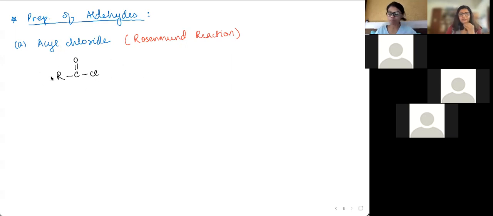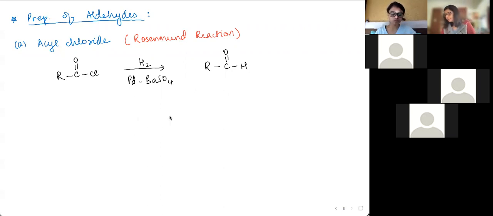Now, this on hydrogenation in the presence of palladium and BaSO4, hydrogen gets added to it and Cl gets eliminated. So I end up getting R, C double bond O, H. The mechanism is a little complicated, but essentially this is the reaction.